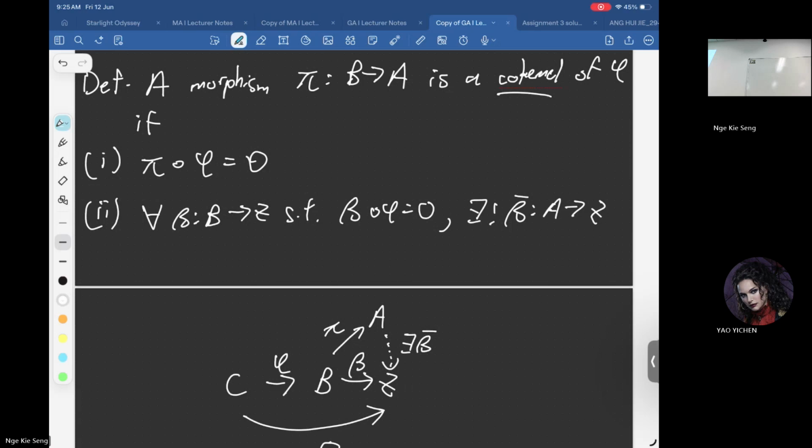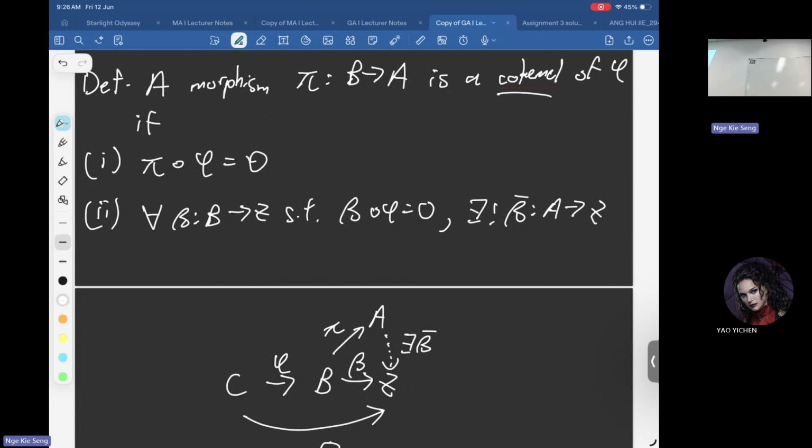Yeah. Then I guess this beta here would send maybe a bit more than phi. I mean, we can say it this way, I guess. Because this just says that beta composed with phi is 0, right?